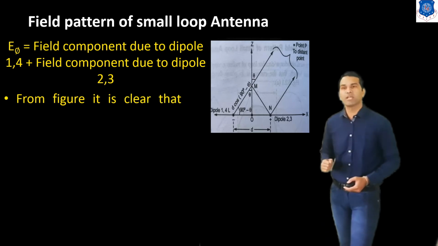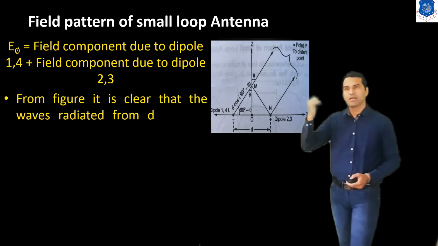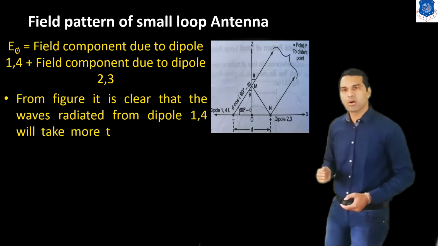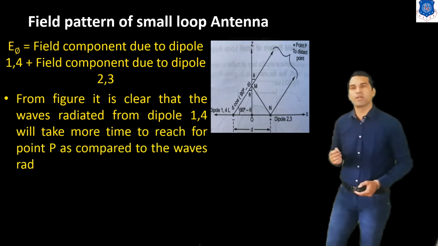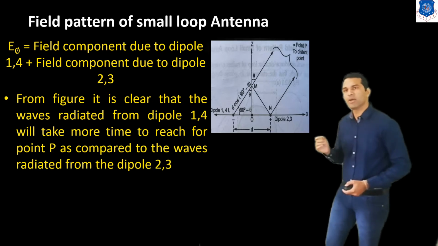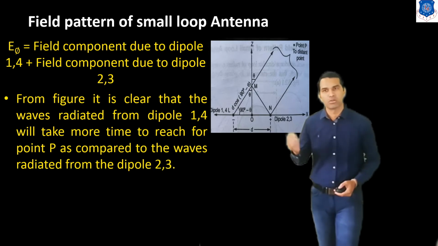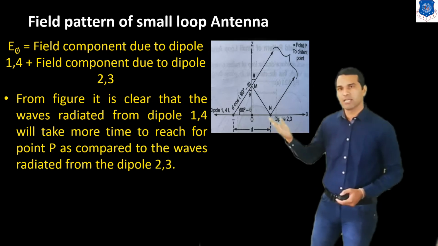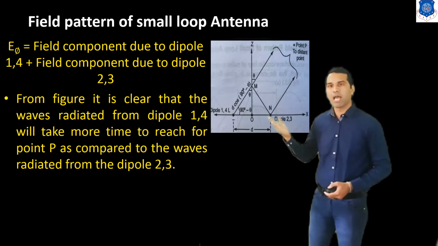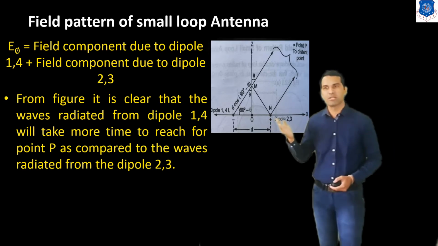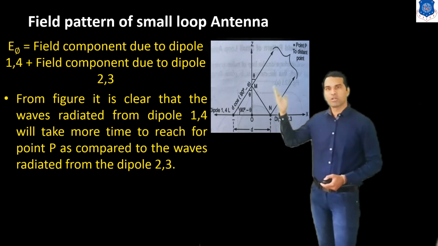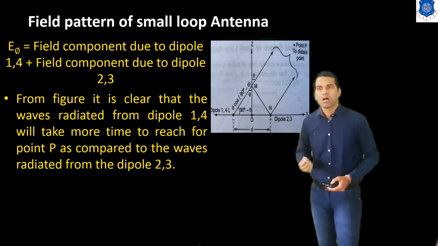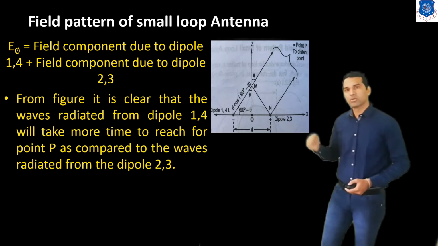From the figure it is clear that the wave radiated from dipole 1, 4 will take more time to reach the point P as compared to the wave radiated from dipole 2, 3. In the figure, the wave radiated from dipole 1, 4 takes more time due to the path difference as compared to dipole 2, 3.